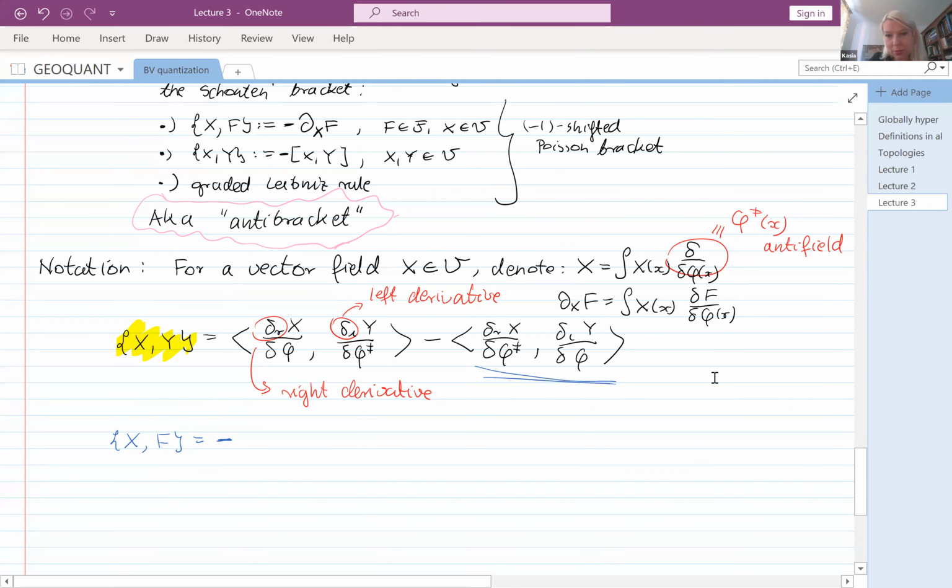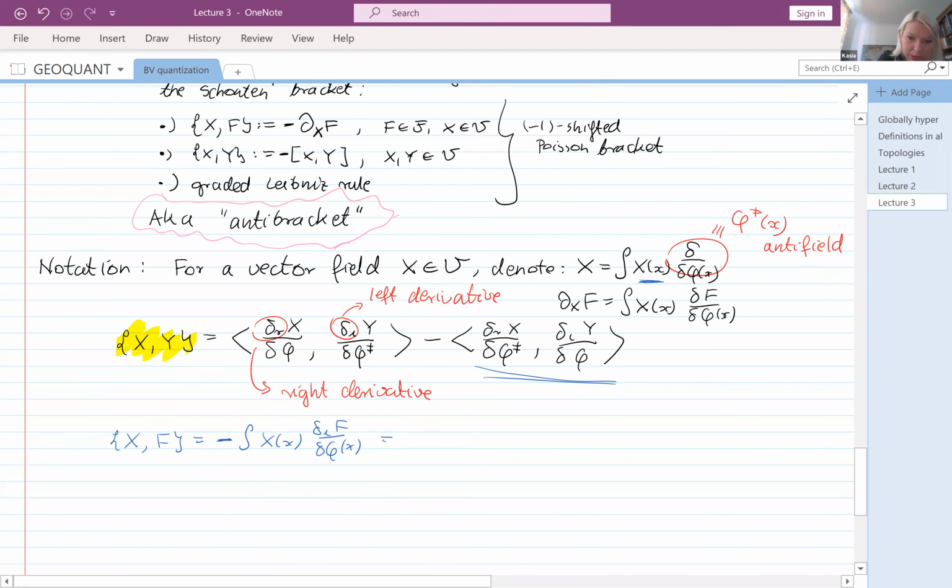The right derivative with respect to the antifield just picks up this coefficient. So I have X of x, and then the left derivative of f, so this is dLf over dphi of x. Of course, working with just a configuration space and multi-vector fields thereon, it doesn't make sense to distinguish between left and right derivative there.